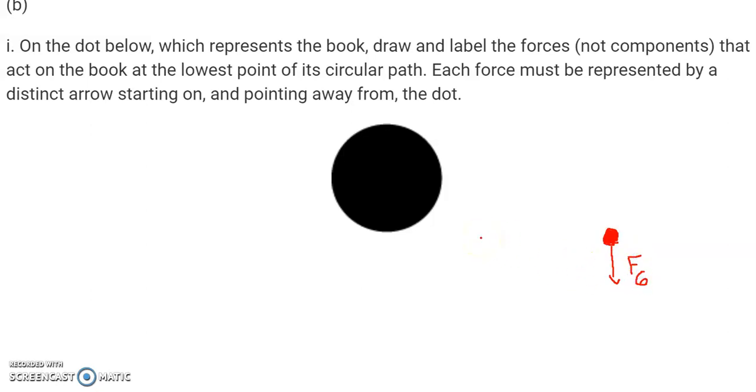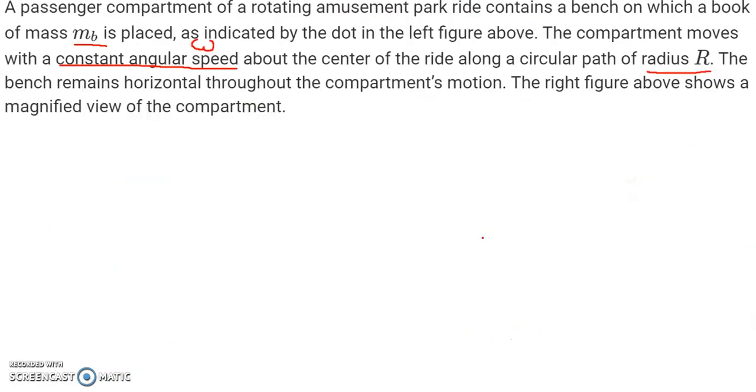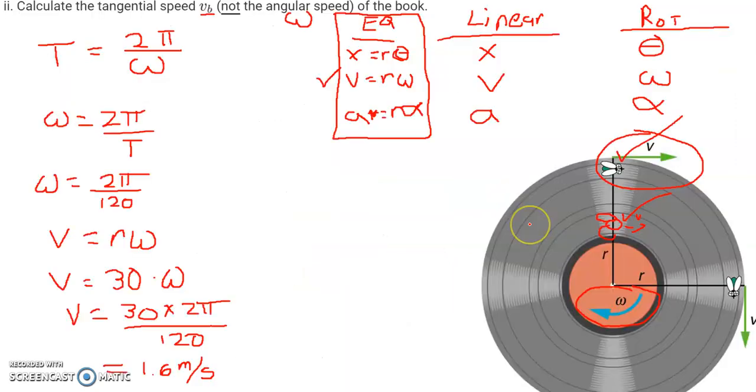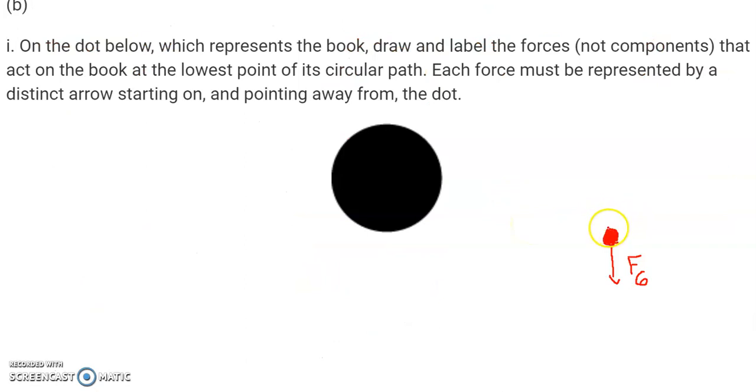What is the force that is causing the centripetal force, which causes circular motion? In this case, it's the normal force caused by the surface of the table. And since the net force has to point towards the middle, the normal force has to be greater than the force of gravity, because there needs to be a net force pointing towards the middle.